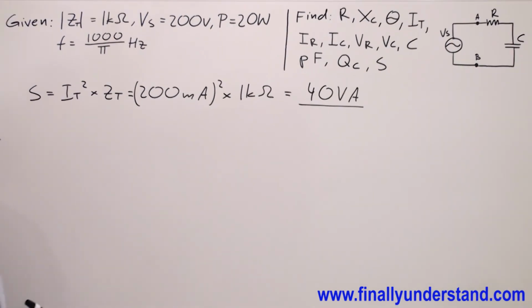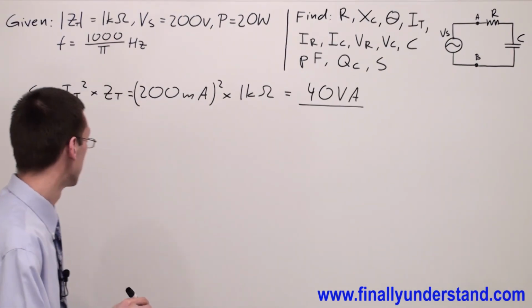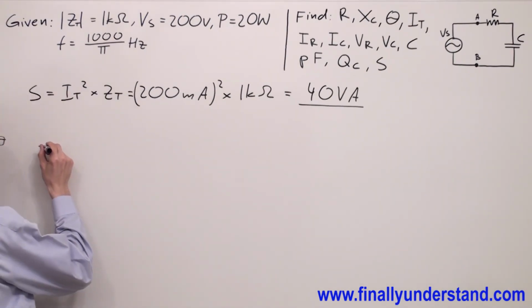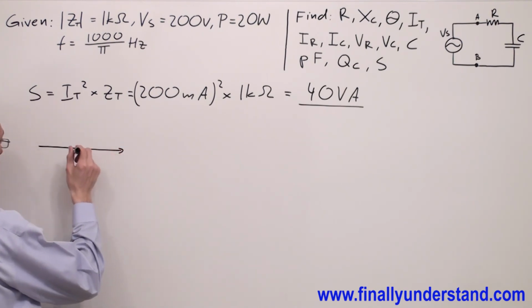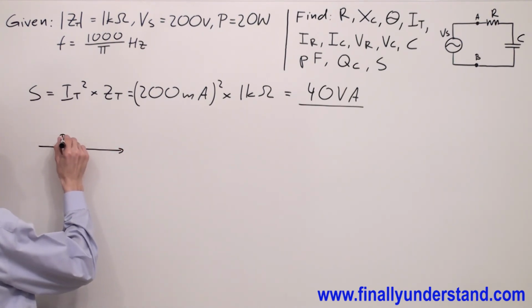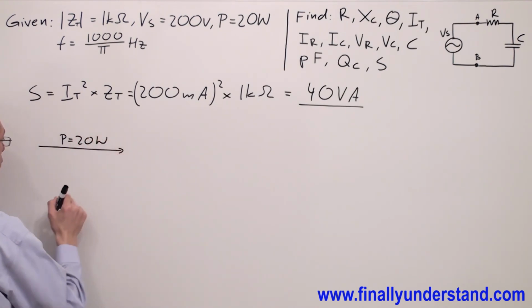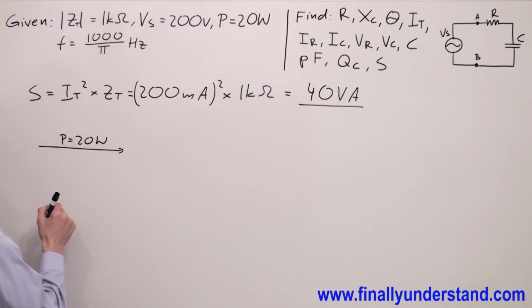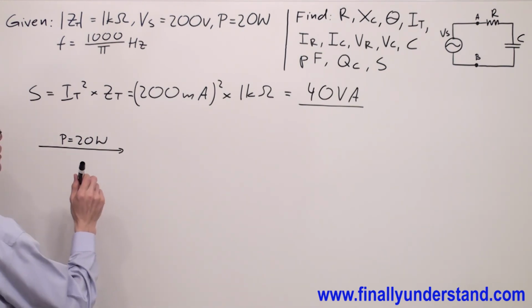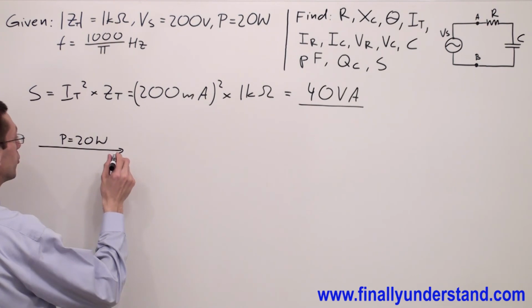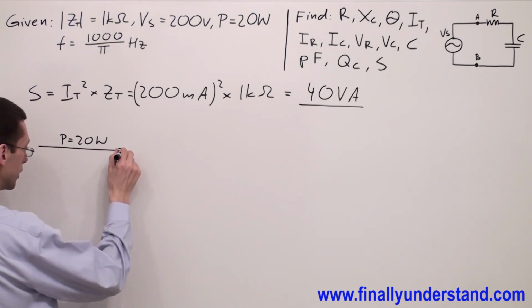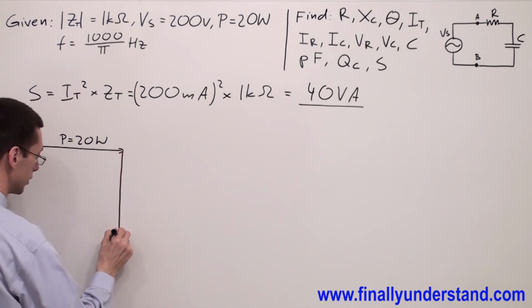If you want to draw the power triangle, you're supposed to draw the phasor which represents the true power, P equals 20 watts. Next, we found that QC is equal 34.64 approximately. I'm going to draw like this.